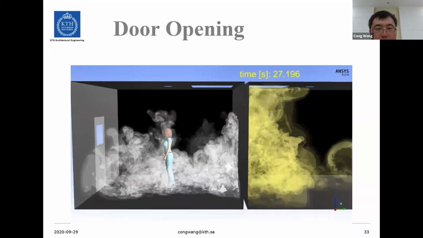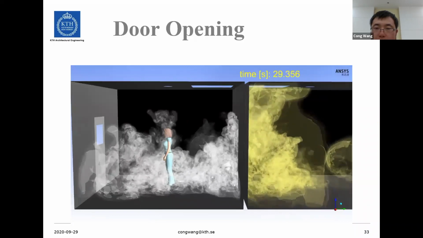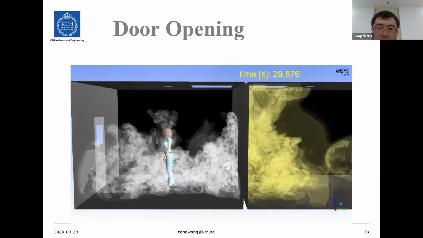If we measure the airborne contamination there, the contamination level can be as high as 180 CFU per cubic meter. And from this video, you can see that the door opening and the corresponding foot traffic can induce a significant amount of airflow change between these two spaces.